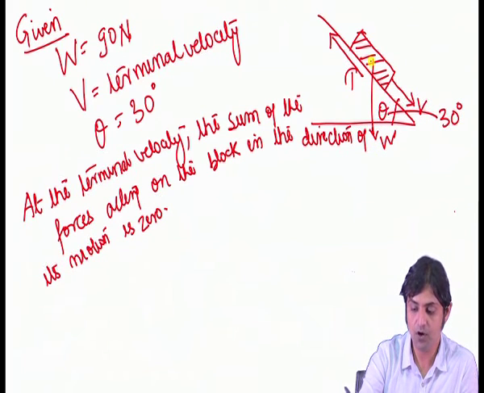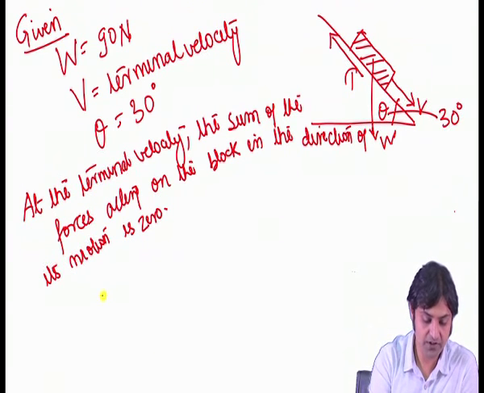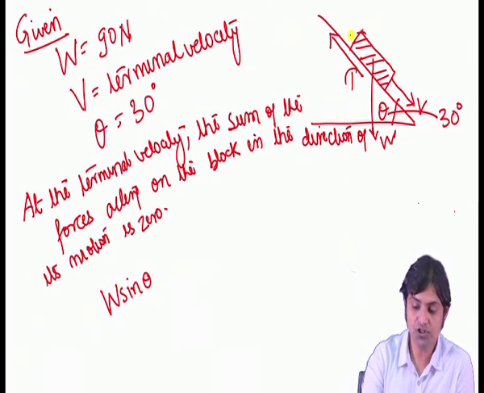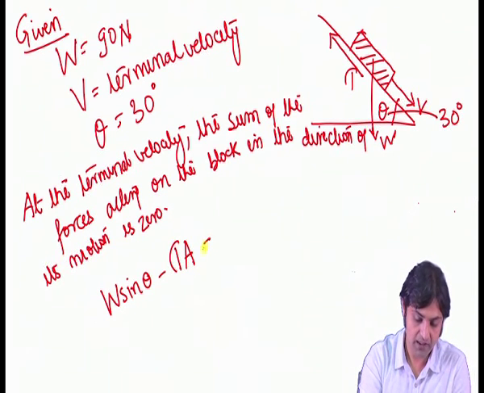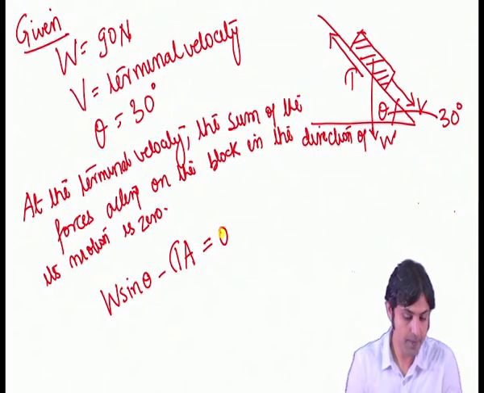There will be a component of the weight acting in favor of the motion, and that component is written as W sin theta. What is opposing the motion is the shear stress tau, right? The force due to this shear stress is given by tau into A, and that should be equal to 0 in case of terminal velocity.